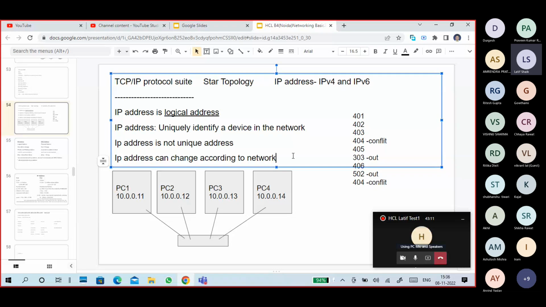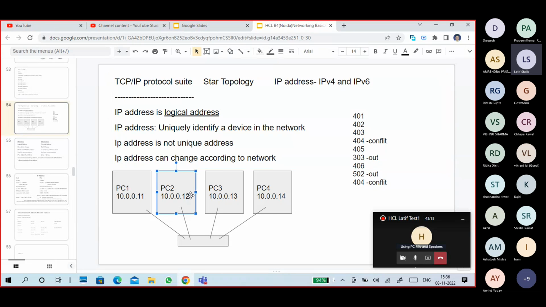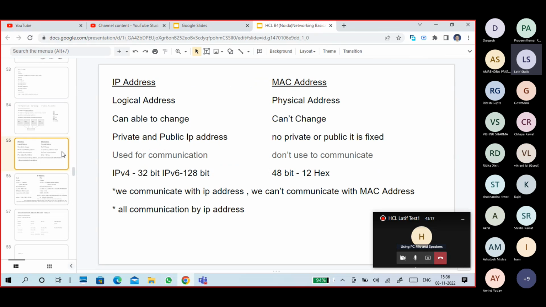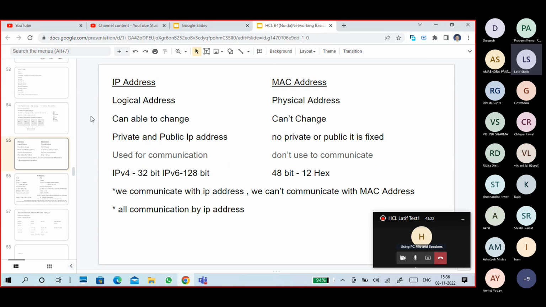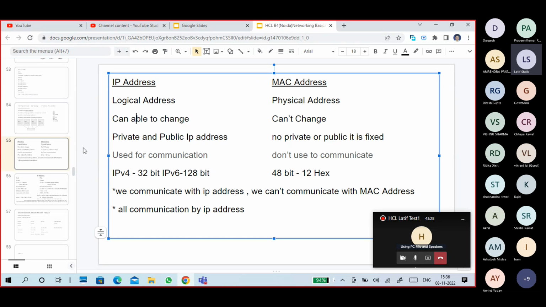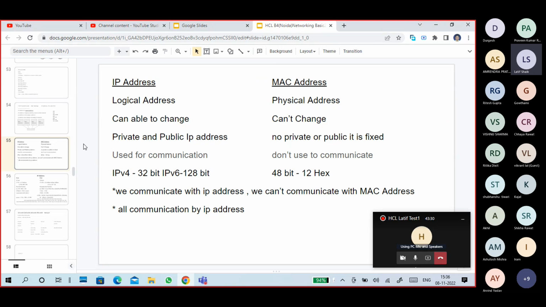So an IP address can change, or we assign an IP address according to the network. Okay. So a lot of things are there. Again, an important one is the difference between IP address and MAC address. IP address is a logical address, and MAC address is a physical address. You can change an IP address according to the network, according to your requirement, right?